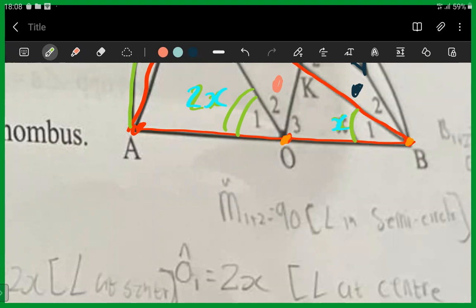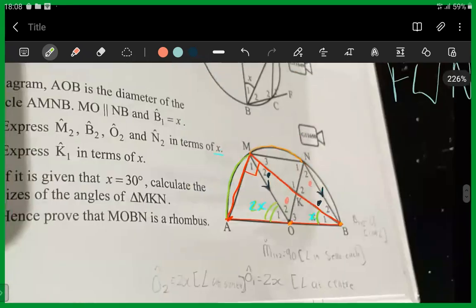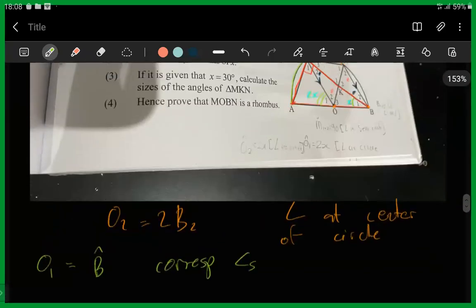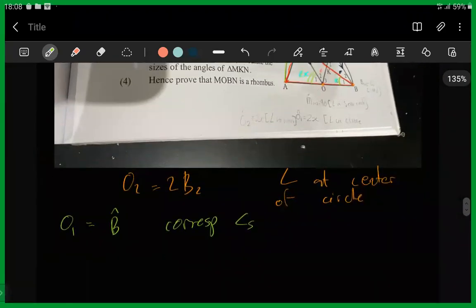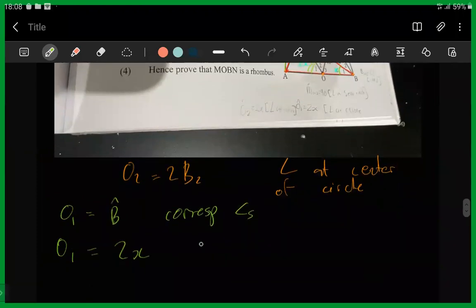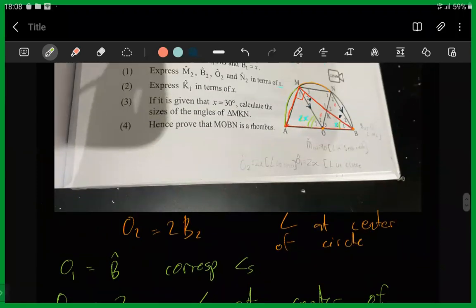With all this information, now we can tell them that B is also equal to 2x because of O1. We have to tell them that O1 is equal to 2x because it is double the B1. So here you can say angle at center of circle.